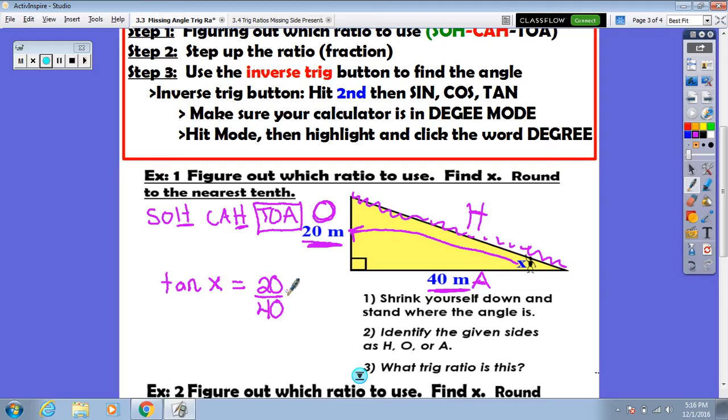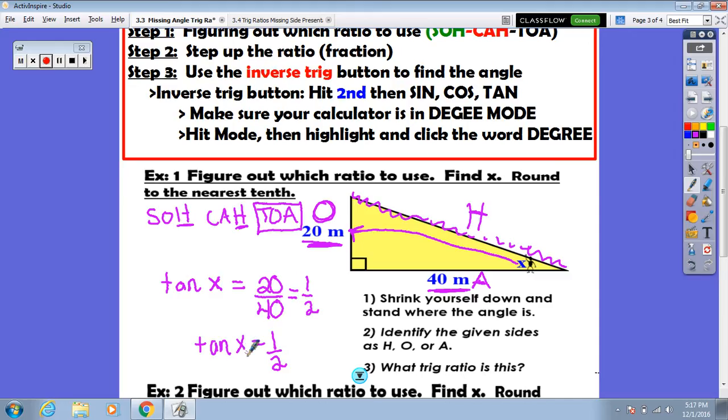Now remember, when we learned how to set up our trig ratios, we had to simplify this fraction. So 20 over 40 simplifies to 1/2. So this is what I have: the tangent of x or theta equals 1/2.